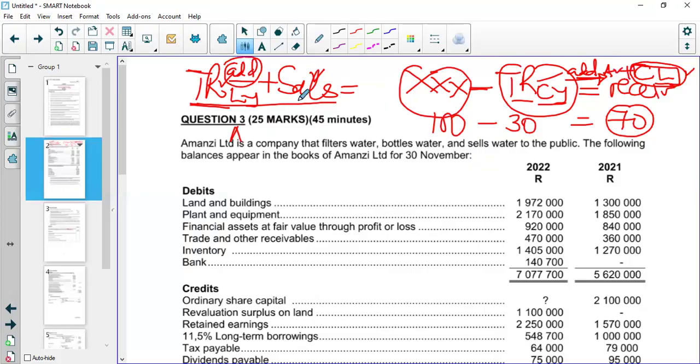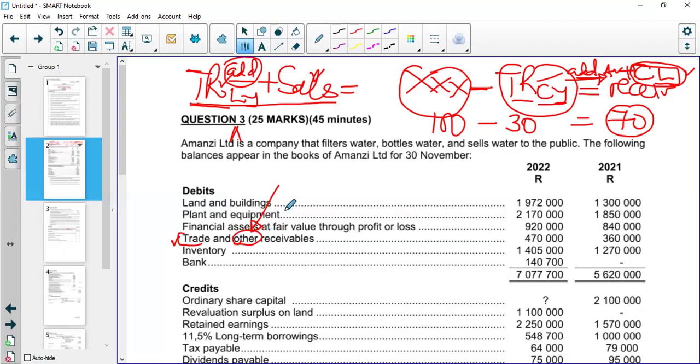And remember that we can be given trade and other receivables like this. So if you look here, it's trade and other receivables. We need to exclude the other receivables, because here we want cash received from customers. We can receive cash from many sources, but here we're focusing on that received from customers. Our main business, our buying and selling: how much cash did we receive?